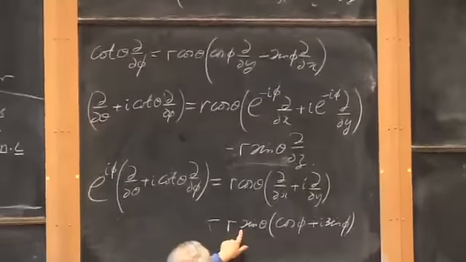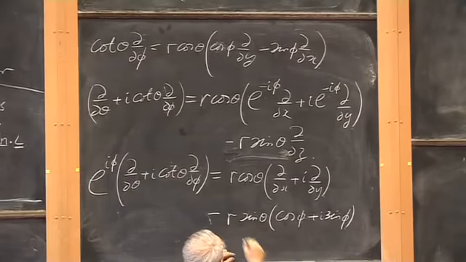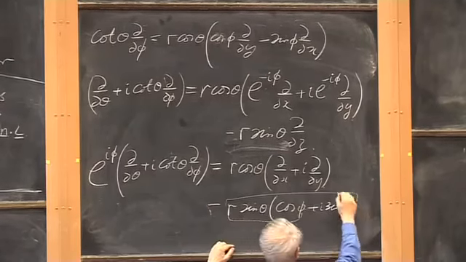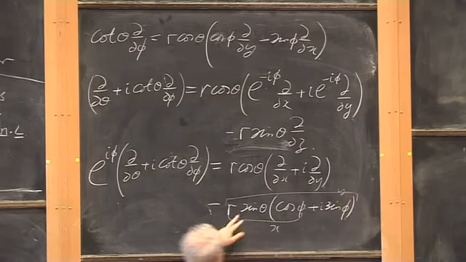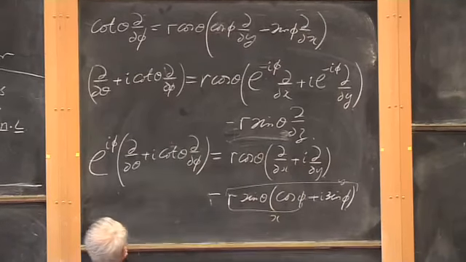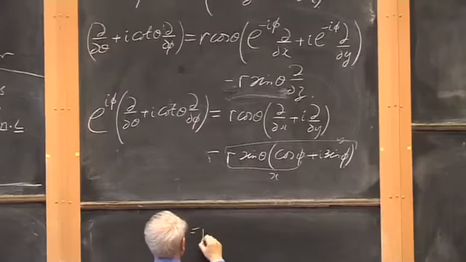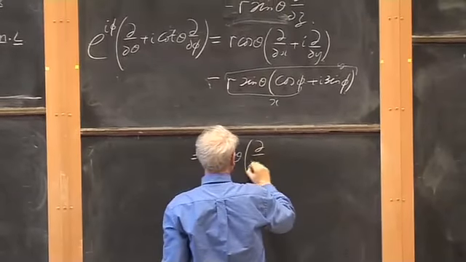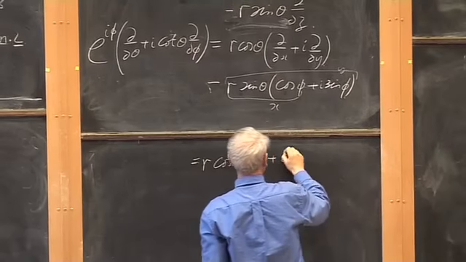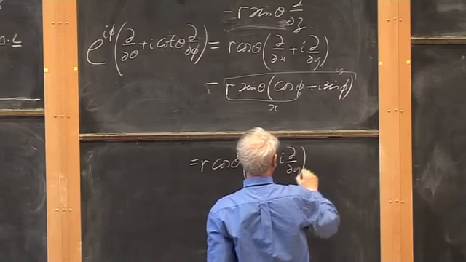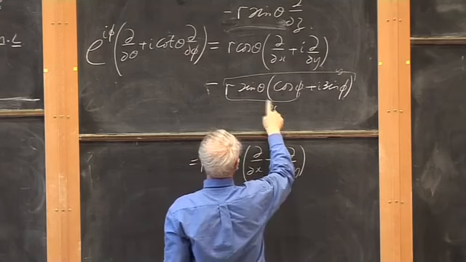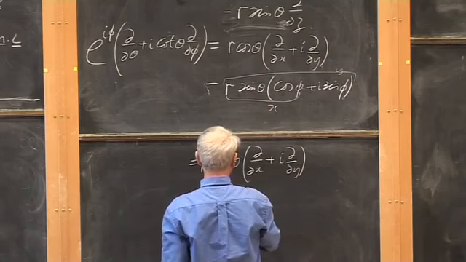And now r sine theta cos phi is x, and this in the back is going to be y, r sine theta sine phi. So we'll be able to write the right-hand side as r cos theta d by dx plus i d by dy minus, so this is going to be x plus iy.